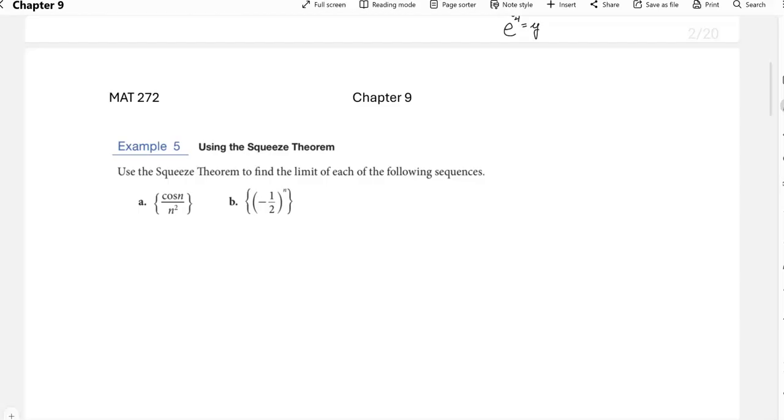Let's say we want to look at cosine of n over n squared. So we know something about cosine of n. We know that the cosine function is always going to be between negative 1 and 1, so it lives there.